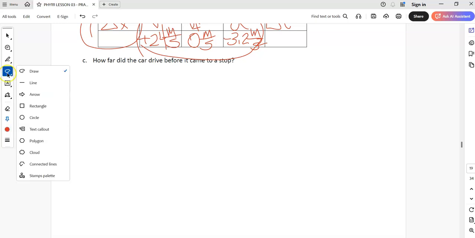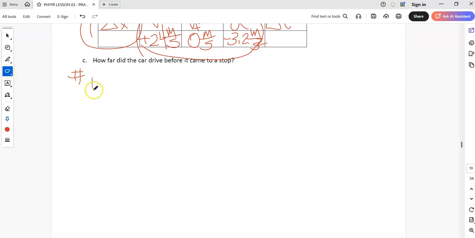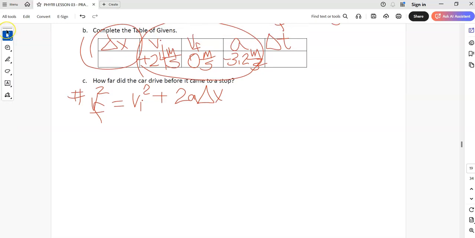VF squared equals VI squared plus 2 times A times our displacement. Remember, we're solving for displacement.